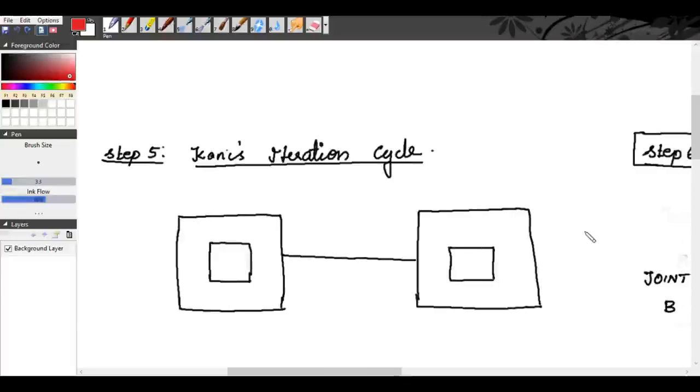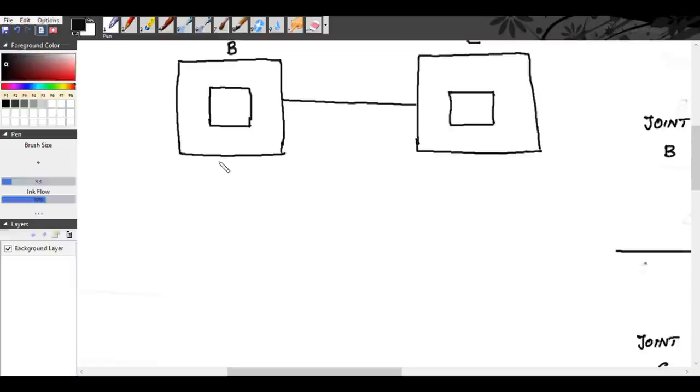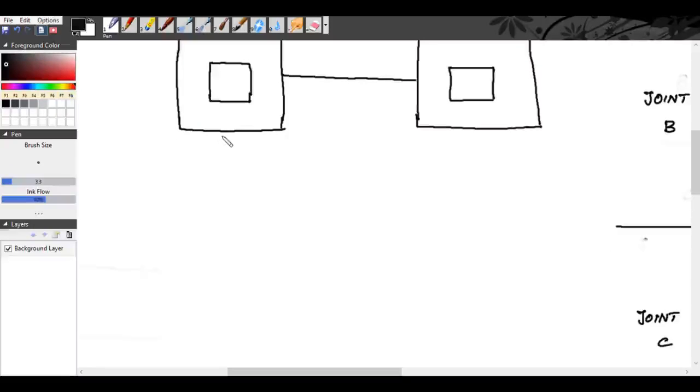Okay. So this is our fifth step. So for Kani's iteration cycle, we know how to draw the iteration cycle. For every joint, you have to draw one small circle and another larger circle, or one small square and another larger square. So this is joint B and this is joint C. We have the columns A and D, right?